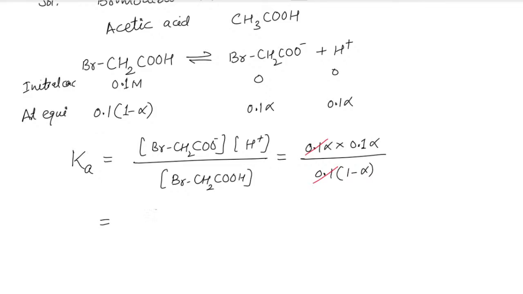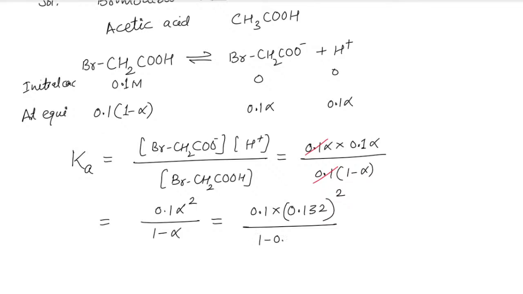So it is 0.1 into alpha square over 1 minus alpha. So it is 0.1 into 0.132 raised to power 2 over 1 minus 0.132.